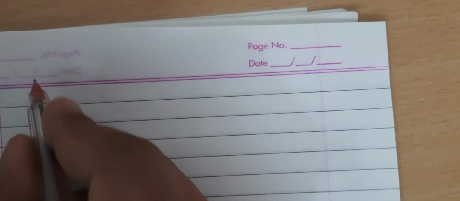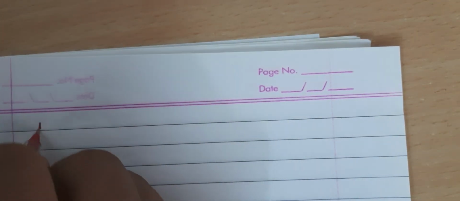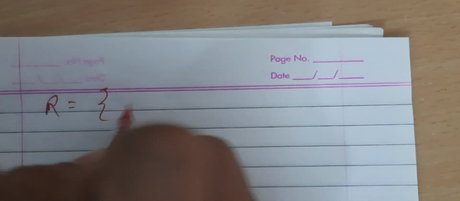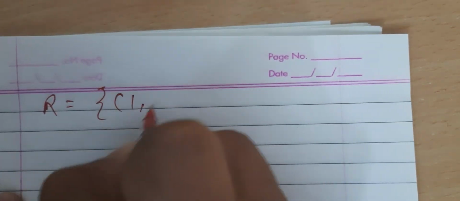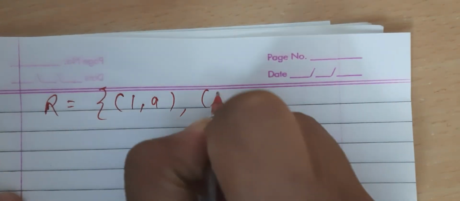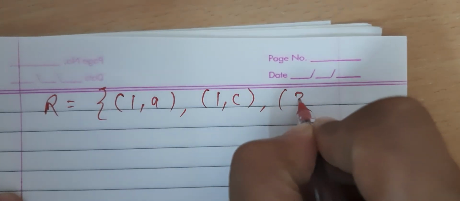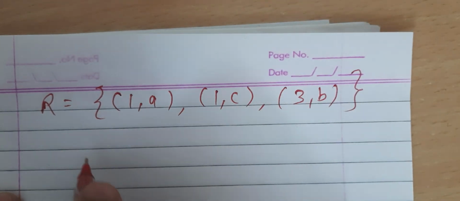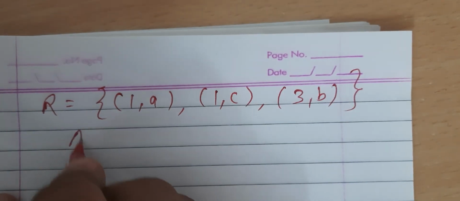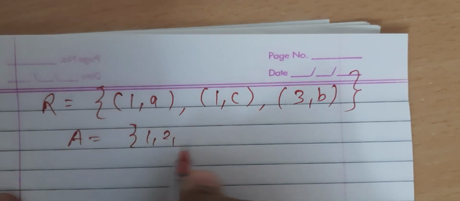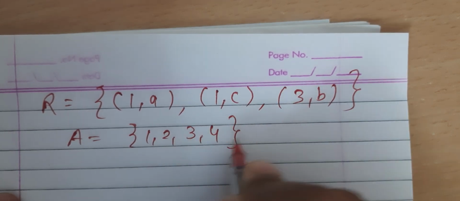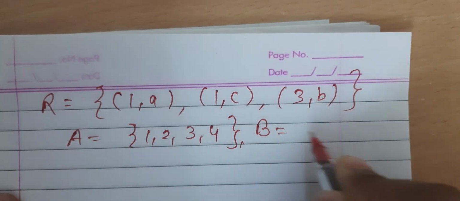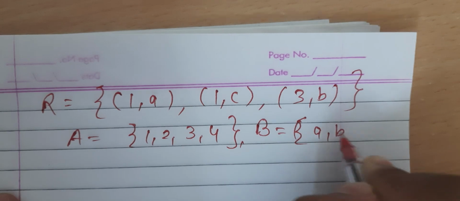Suppose a relation is given: 1 comma A, 1 comma C and 3 comma B from set A whose elements are 1 2 3 4 to set B whose elements are A, B and C.